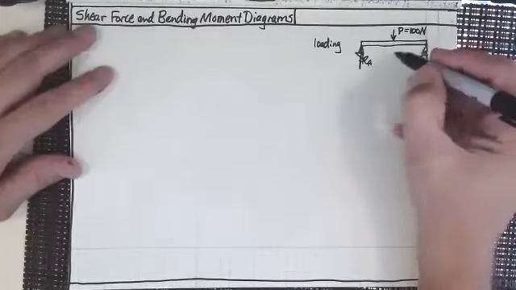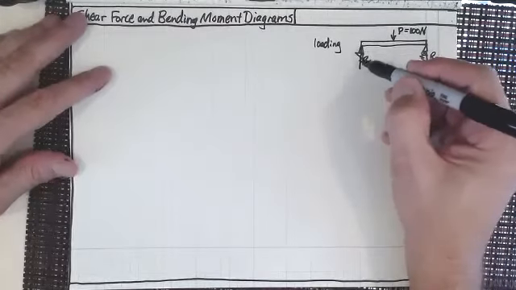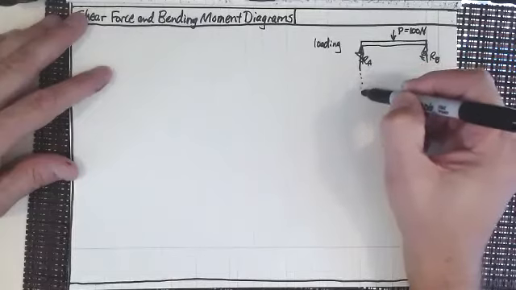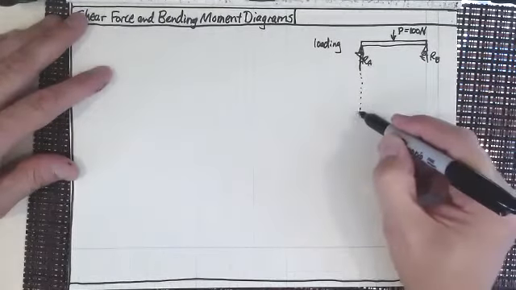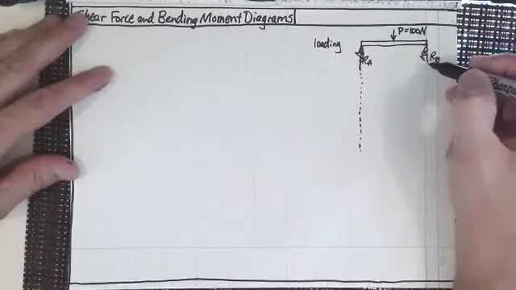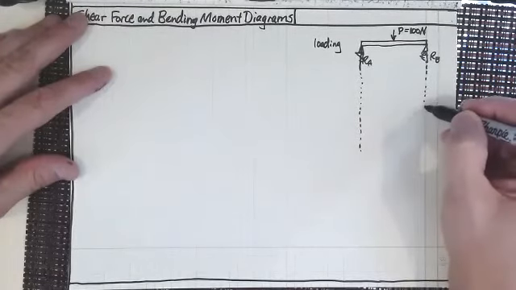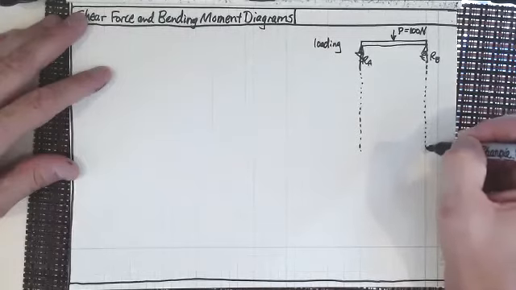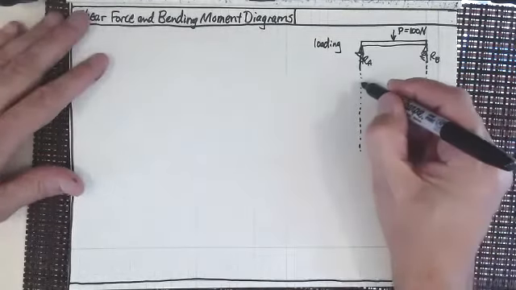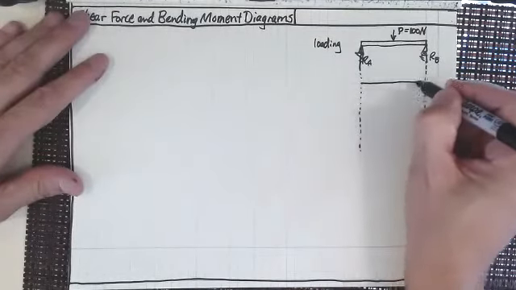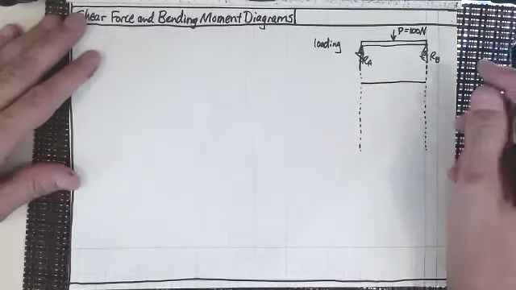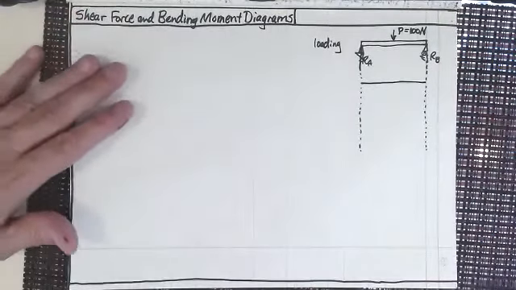It's a simply supported beam. I'm going to drop down some dotted lines so that we see the extent of the beam, and underneath it we're going to make shear force and bending moment diagrams. We already did this for this one, but I'm going to extend on this.